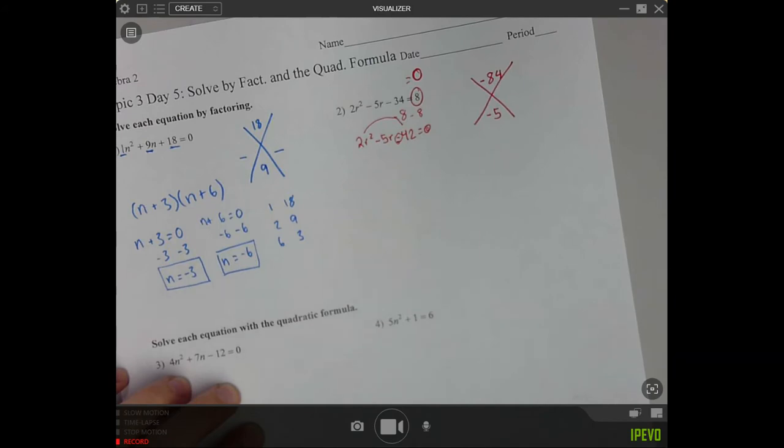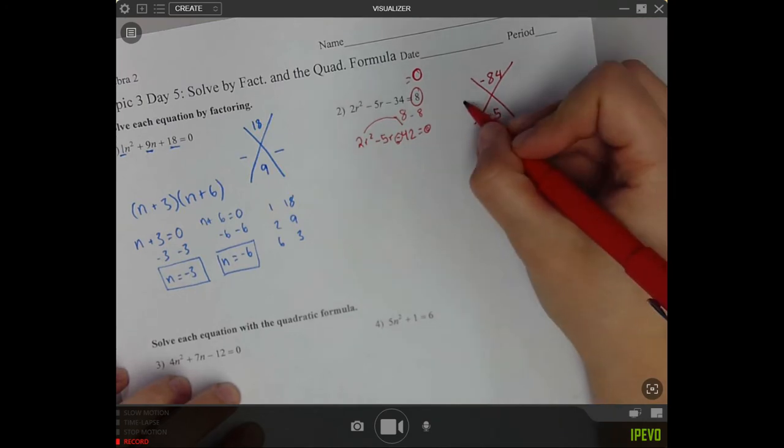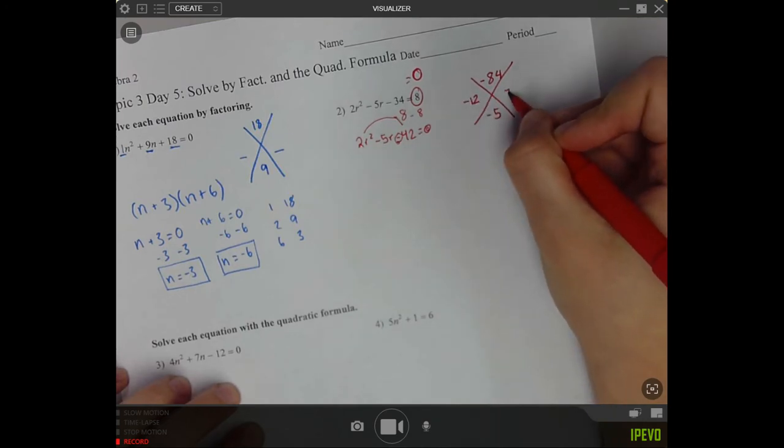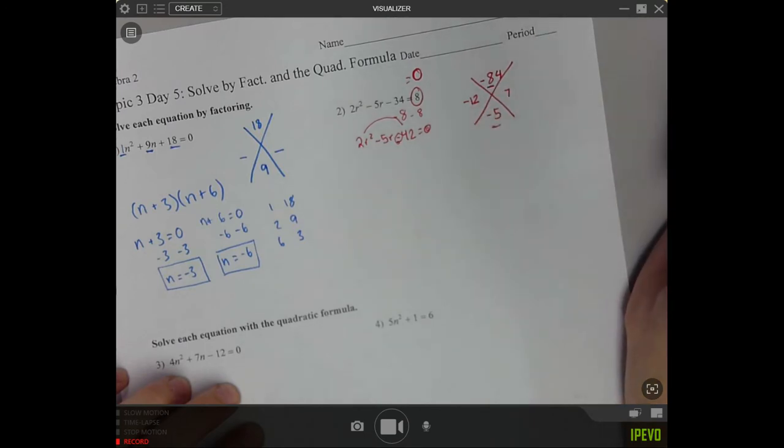So it's going to be two numbers that multiply to negative 84 and add to negative 5. We can go through the factors again, but I'm just going to let you know, just because 84 is bigger, it's going to be negative 12 and 7. So negative 12 plus 7 is negative 5, and negative 12 times 7 is negative 84.